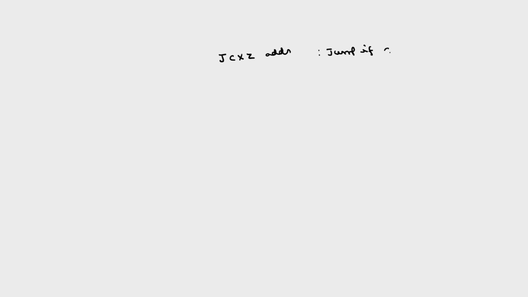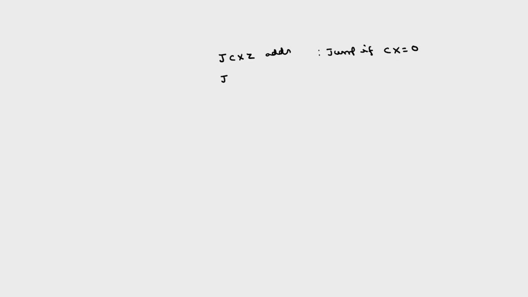Jump if the register CX is equal to 0, otherwise it will come to the next instruction. This instruction will jump to the instruction specified at the address here if CX is equal to 0, otherwise it will skip this instruction and go to the next instruction.